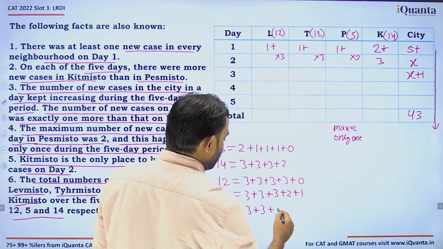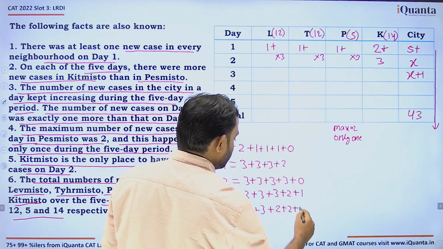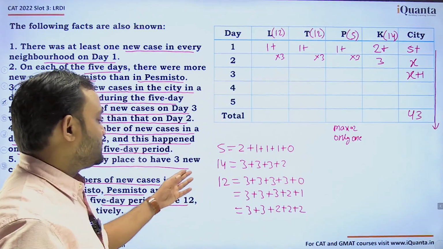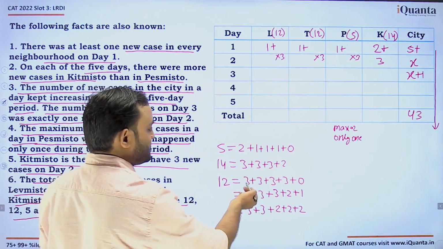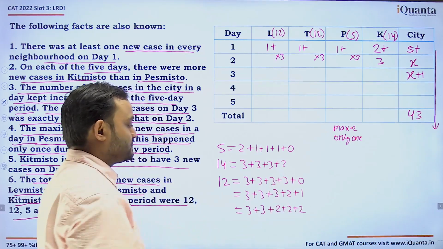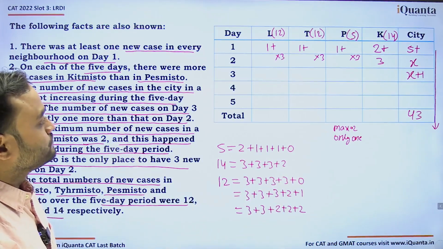So that would be 2 plus 2 plus 2. So this is how we can achieve 12, either this case or this case or this case, right?